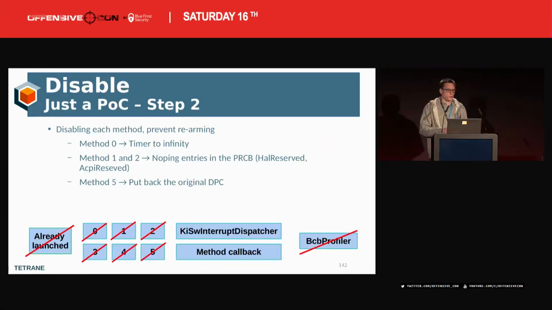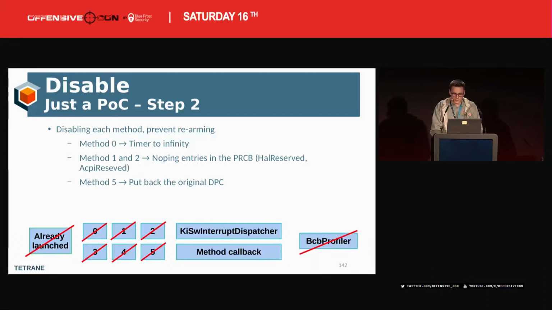For methods 1 and 2, which use entries in the processor control block, you just have to NOP these entries so that the legit routine will think that PatchGuard is not activated this way. And for the fifth method, you just have to patch back the hook from PatchGuard to put the original legit DPC. And this will disable all of these methods.